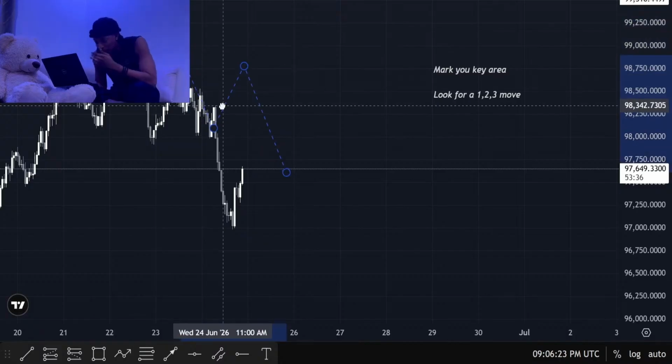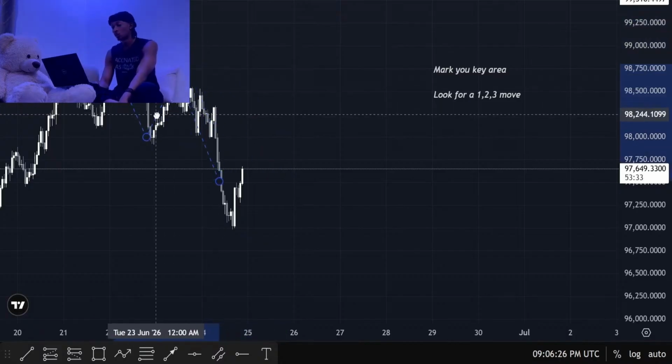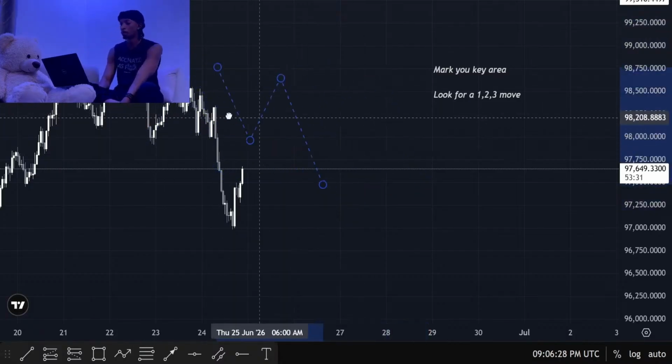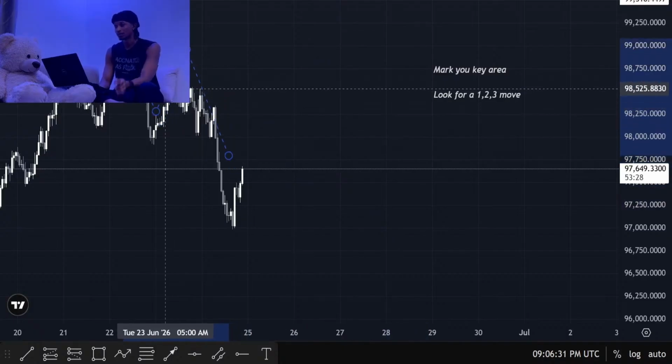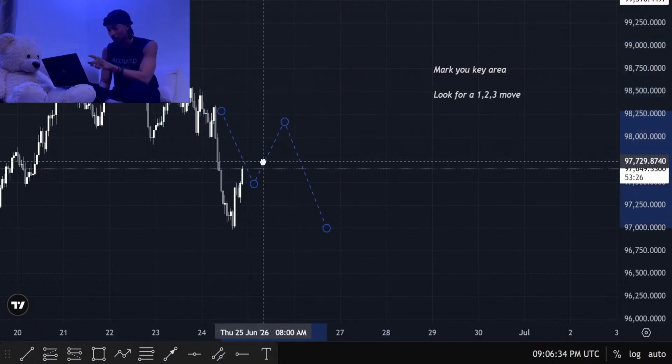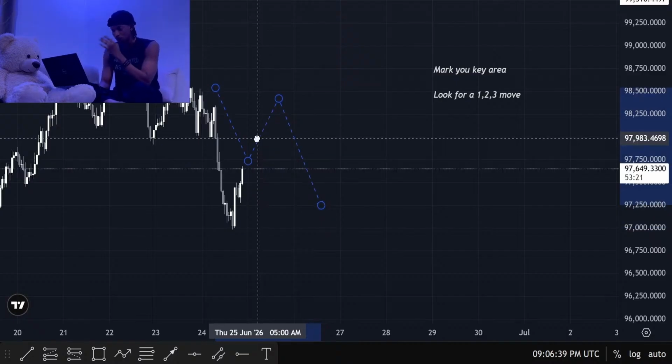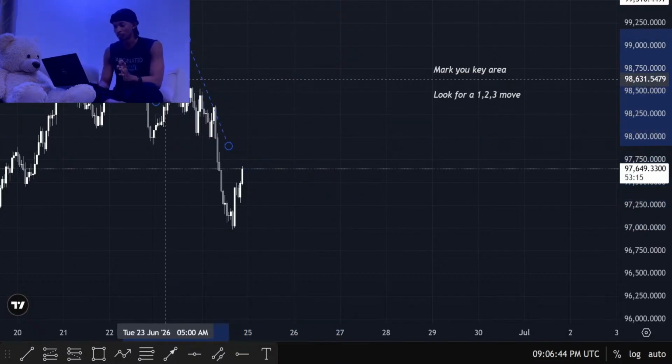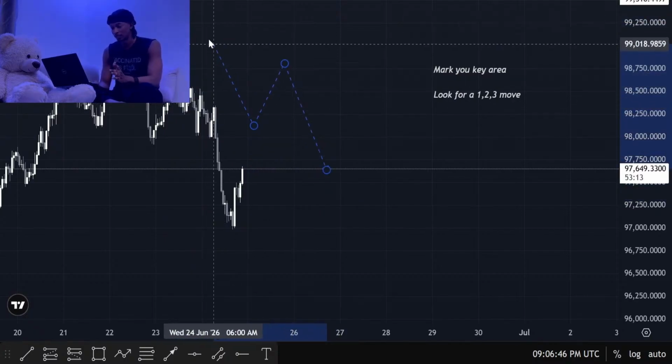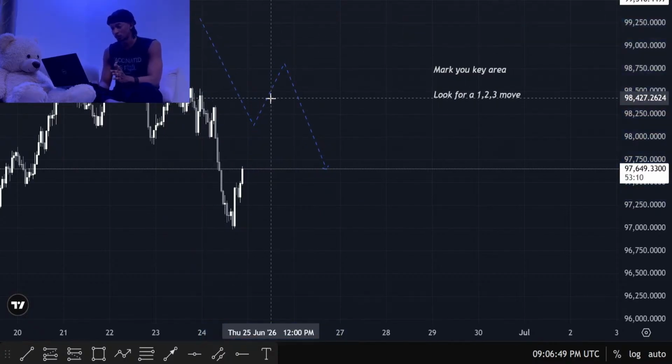This is live actually. Synthetic indices are always live. I literally just came on the app a few minutes before I started the stream, and I didn't really even pay attention to the chart. I just felt like, if I don't see an opportunity, I'll just explain what I look for. But fortunately for me, I see everything is forming well. So I look for a 1, 2, 3 move, which is something like this.